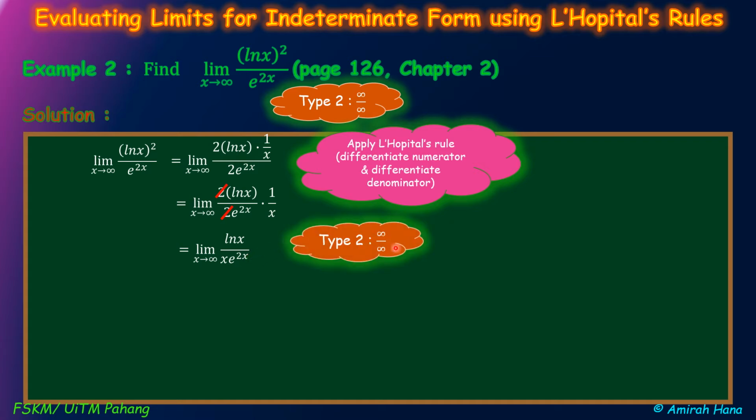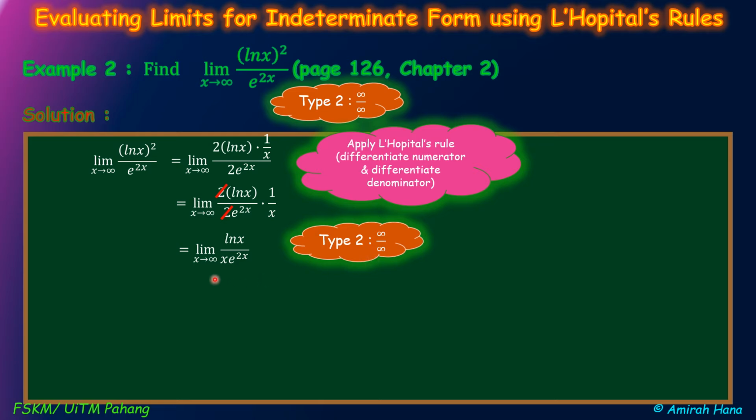But the answer is still infinity over infinity, because when we substitute infinity into x, we have ln infinity, which equals infinity, and in the denominator we still have infinity. So this is an indeterminate form.